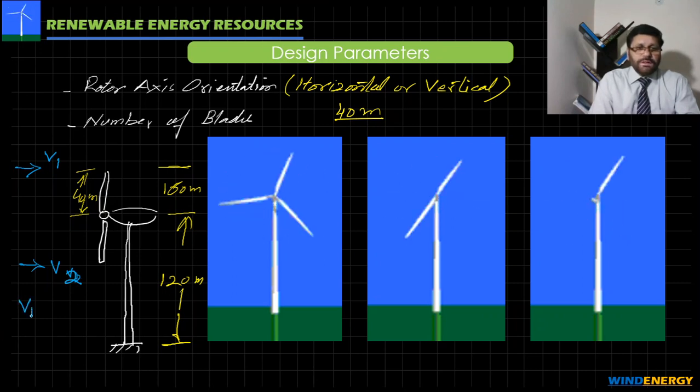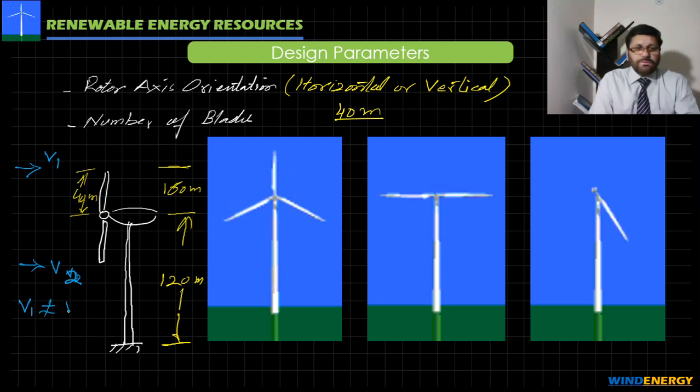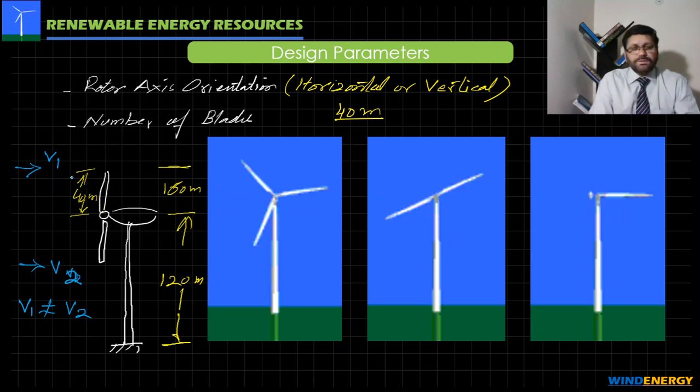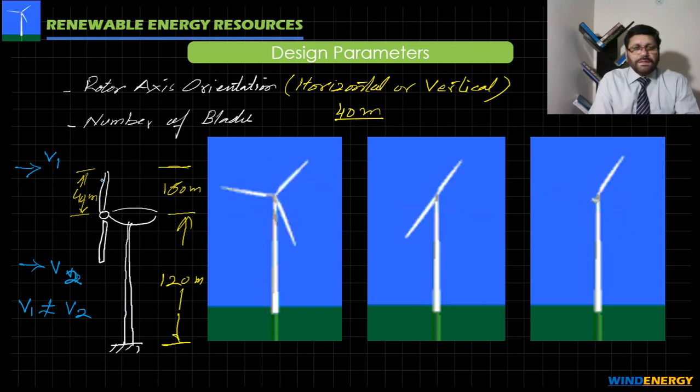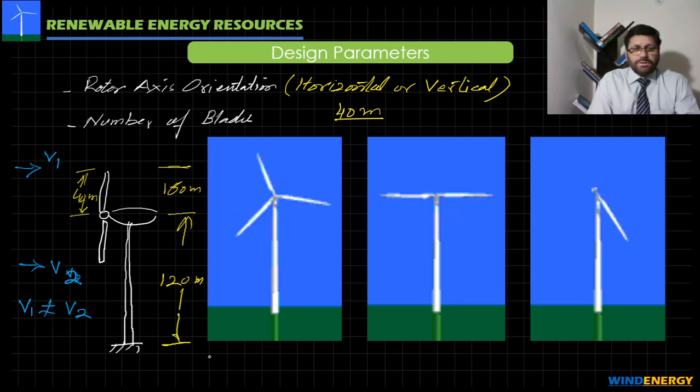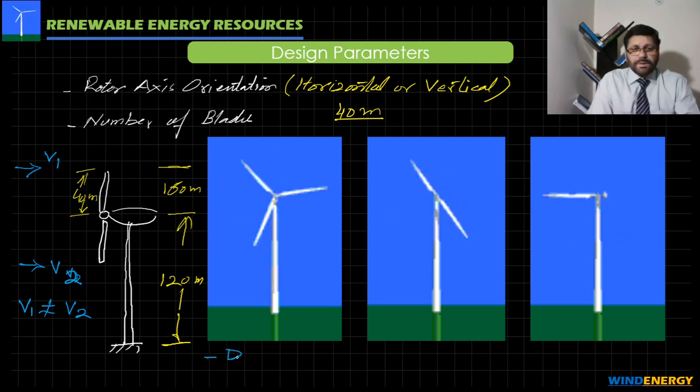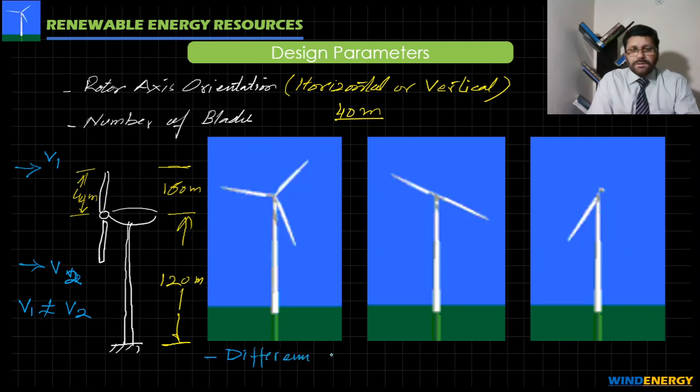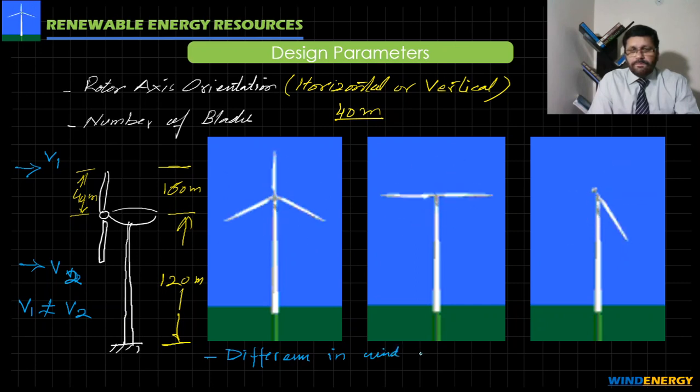Now v1 is not equal to v2, and because of this there is going to be a difference in wind velocity, and there is a chance of the structure of the blade or the hub being damaged. So we are experiencing a difference in wind velocity.